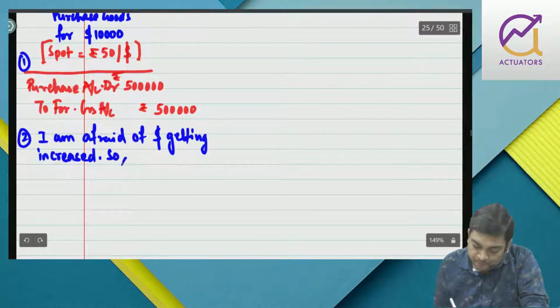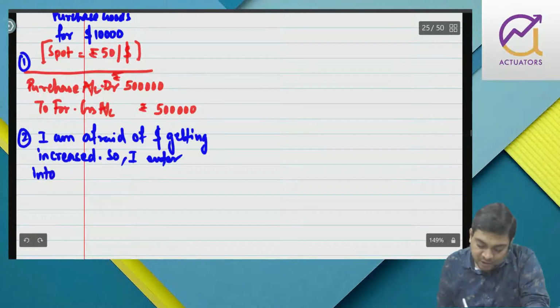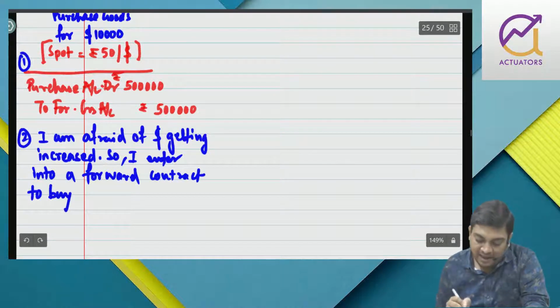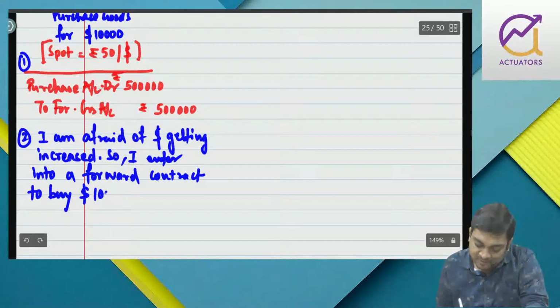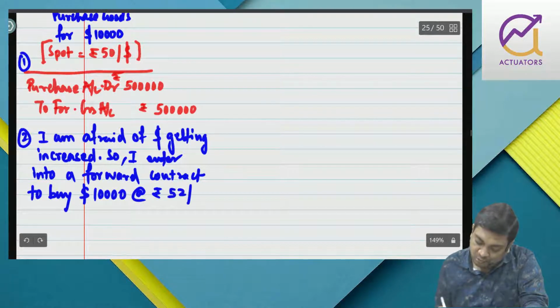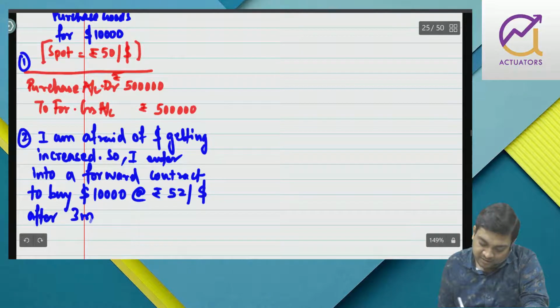So, I enter into a forward contract to buy $10,000 at the rate of rupees 52 per dollar after 3 months from now.